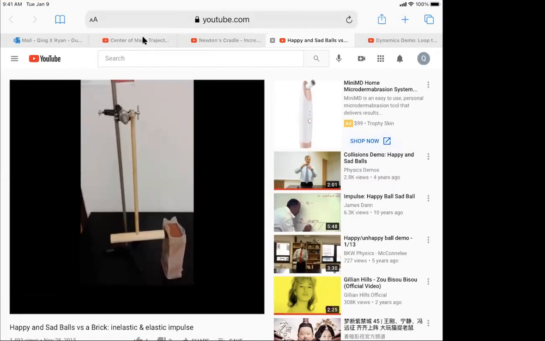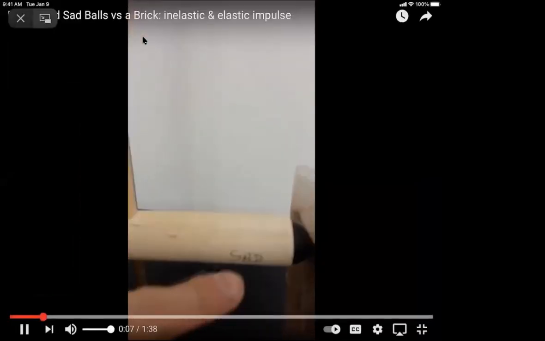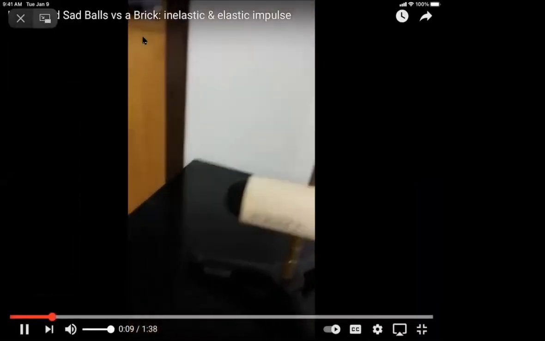All right, today I want to show you a little bit about elastic and inelastic collisions. Right here we have a mallet, which has two different rubber ends to it. One says happy, and the other one says sad. What we mean by this is the sad one, when it hits this surface, is going to just not bounce back.